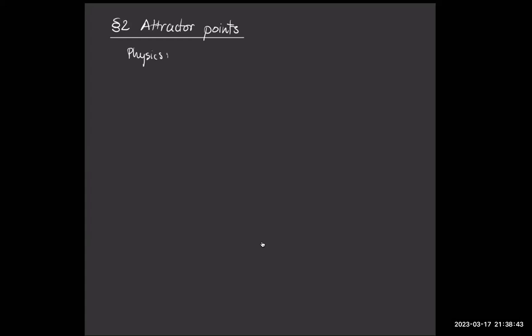So in physics, let's look at what is called an N=2 supergravity theory. And we need to specify a few things with H^{2,1} of X, so-called vector multiplets.